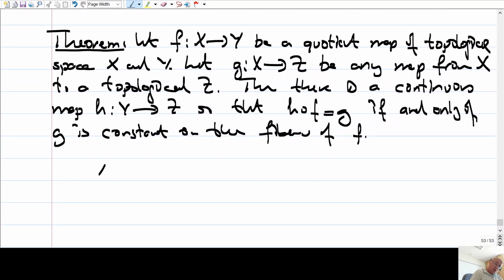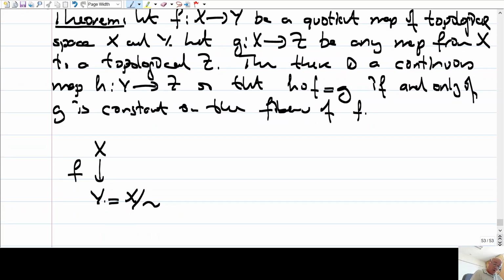So what does this mean? It means the following. I have a topological space and a quotient map, in other words, an onto map. So Y is the quotient space of X, and Y has the quotient topology. A subset here is open if and only if its inverse image is open, and I have another space Z and a function g from X to Z, and I wonder whether there is a map like this.